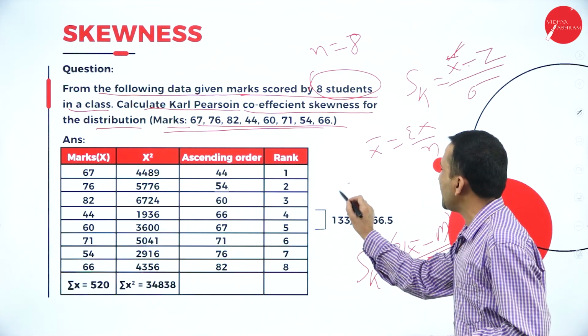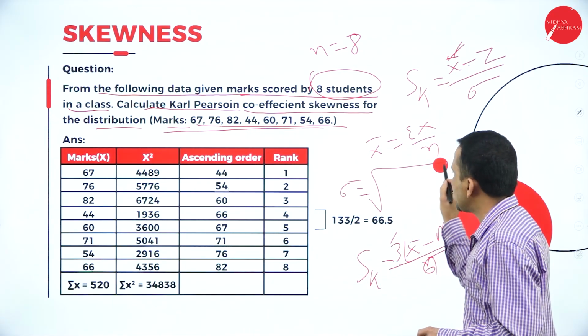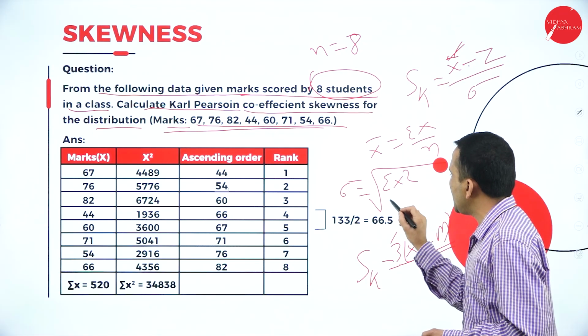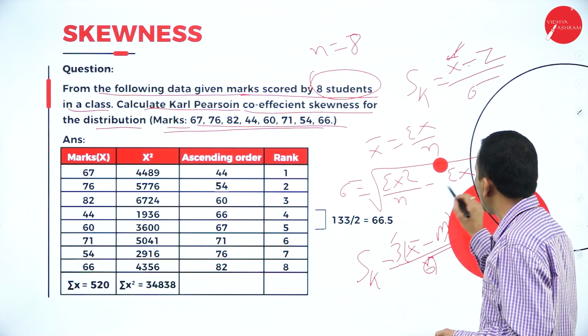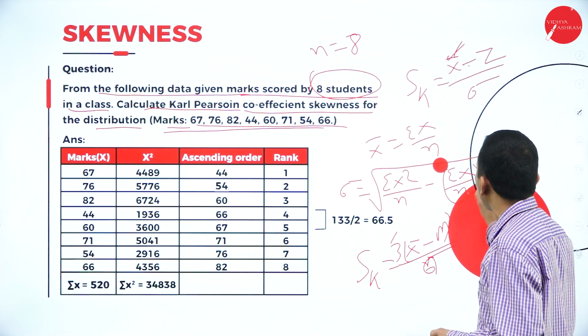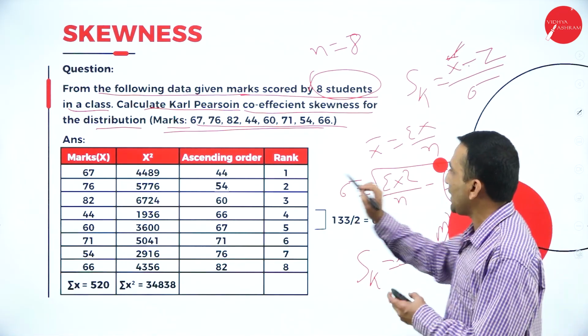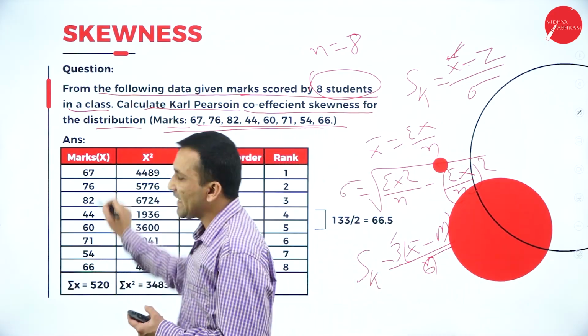Because the standard deviation formula is root of sigma x square divided by n minus sigma x divided by n whole squared. So I did x square using the x values.